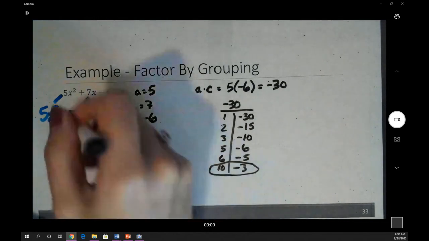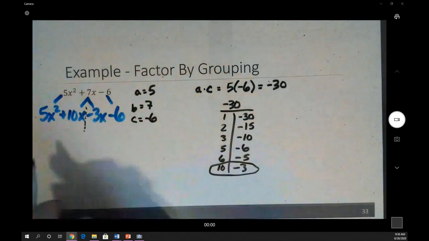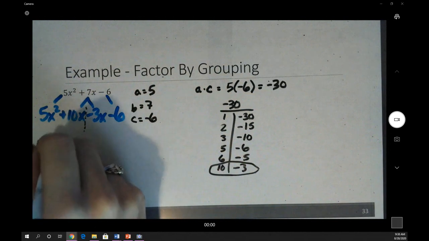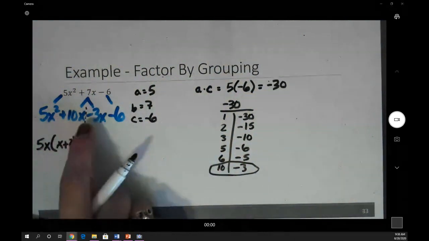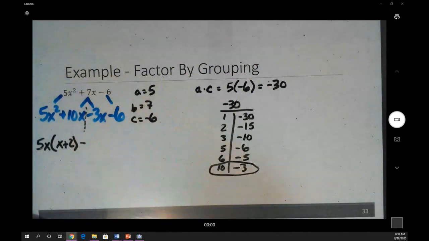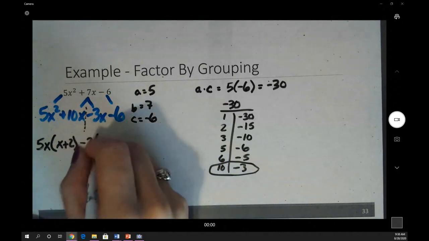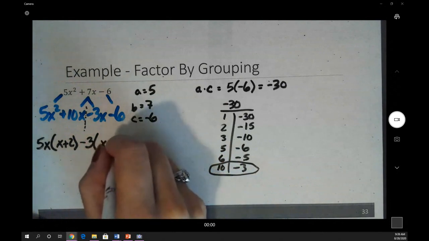Because now that I have 4 terms, I can break it down the middle. Between a 5x squared and a 10x, I can factor out a 5x, which leaves me with x plus 2 in parentheses. The first sign after the dotted line is negative, so I know I'm going to factor out a negative. 3x and 6 have a 3 in common. And if I factor out a -3, I'm left with x plus 2.